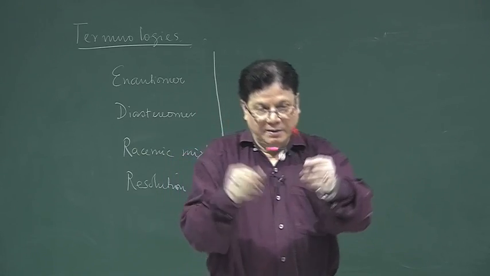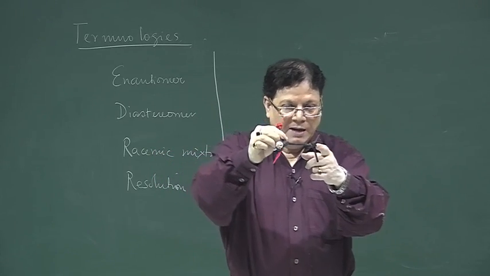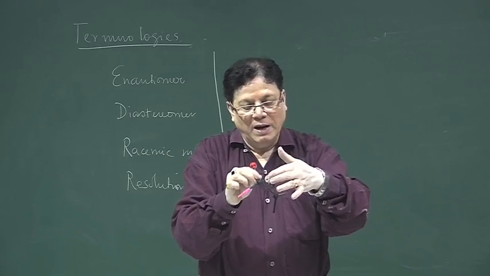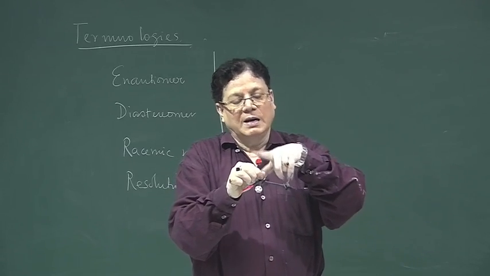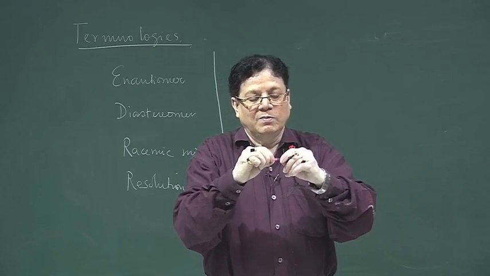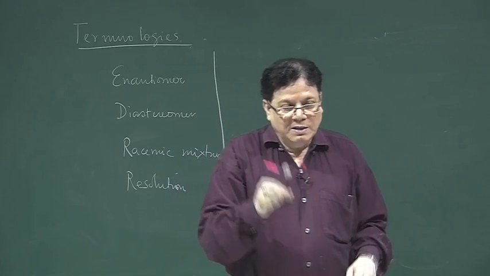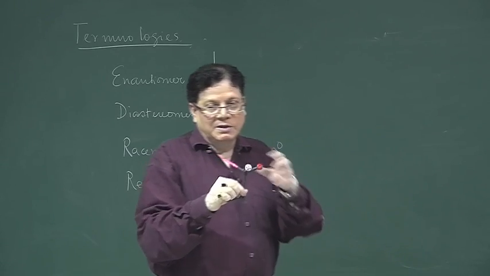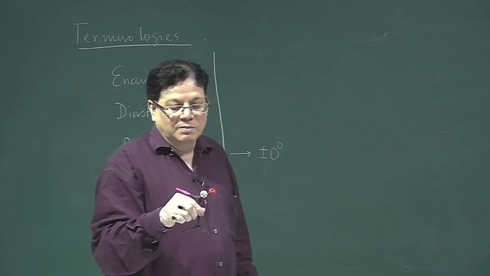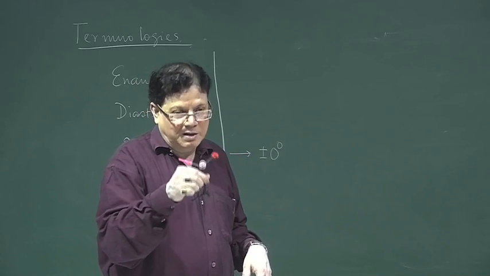If you look at this carbon, it is attached to a methyl, this is one ligand, this is another group or atom represented by white, this is an atom or a group represented by red, and this is another substituent represented by pink. Okay. Now, this is a 3-dimensional molecule, because this is a tetrahedron. You cannot draw a tetrahedron by putting all the bonds in the same plane, because that never happens in a tetrahedron.